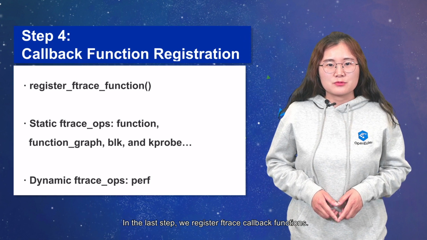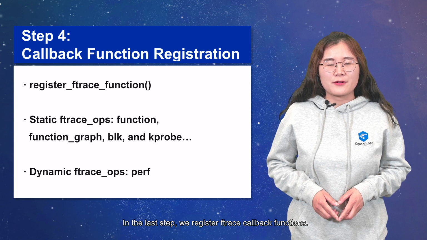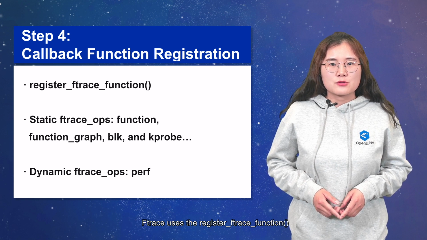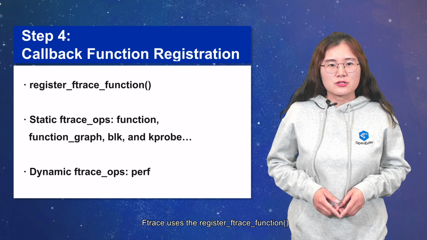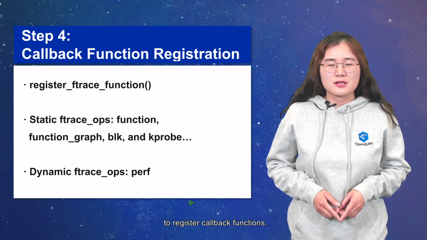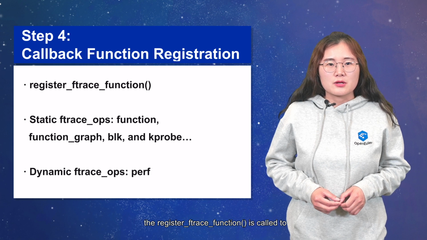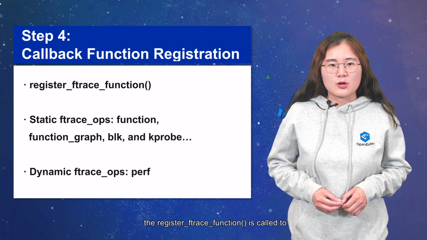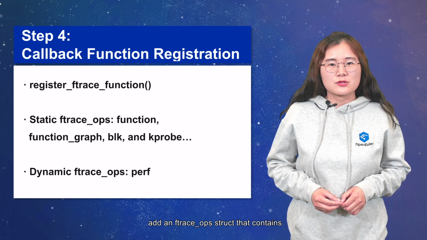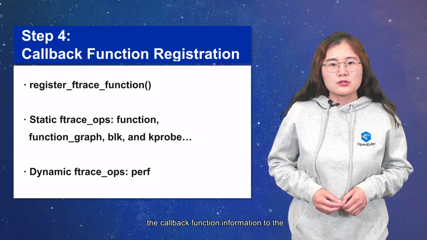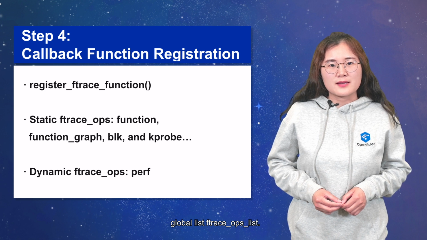In the last step, we register ftrace callback functions. Ftrace uses the register ftrace function to register callback functions. During registration of a specific callback function, the register ftrace function is called to add an ftrace OPS struct that contains the callback function information to the global list, the ftrace OPS list.